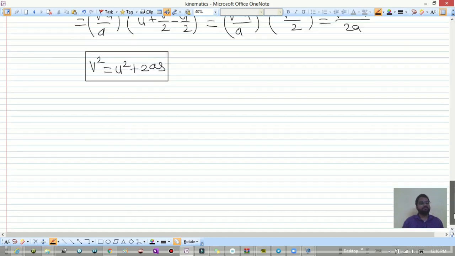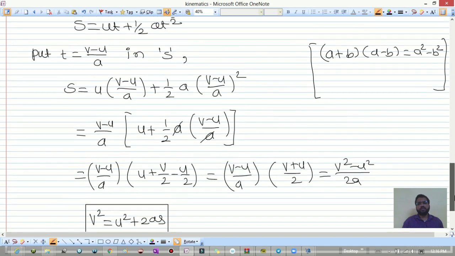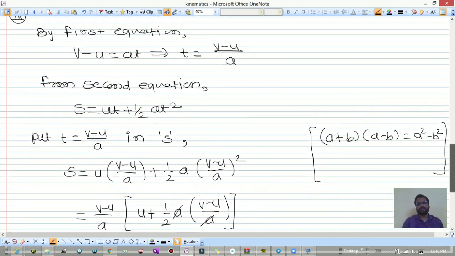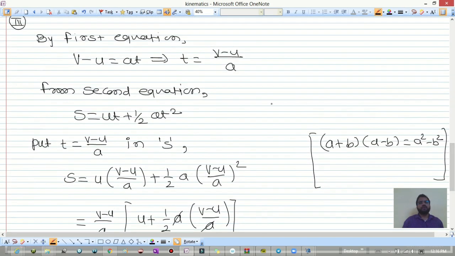Before that, the third equation of motion can also be found by another formula, by using the v average formula. And what is that v average formula? v average is equal to total displacement by total time. And what is total displacement? It is ut plus half at squared divided by time t.